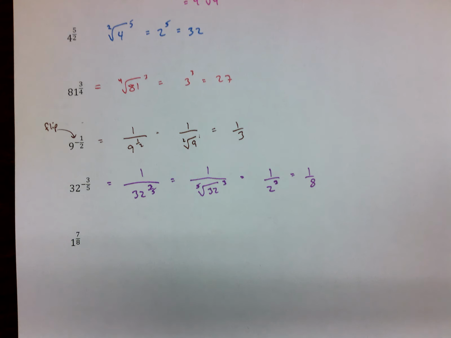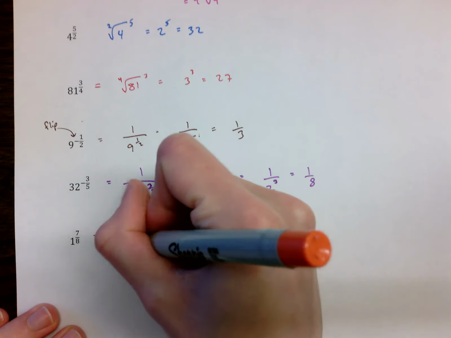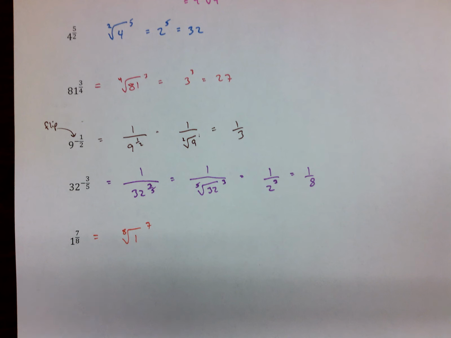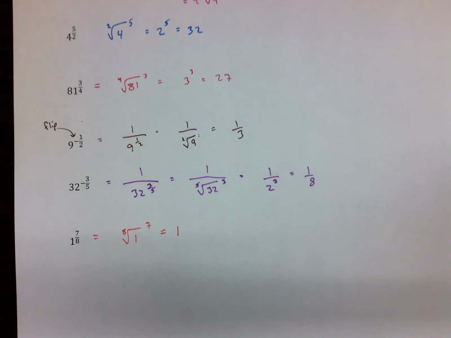All right, and then this last guy, 1 to the 7/8 power. If I convert this one, power over root, well, the eighth root of 1 is asking me what number times itself 8 times equals 1. Well, obviously 1. And then when I raise 1 to the 7th power, that's still 1.